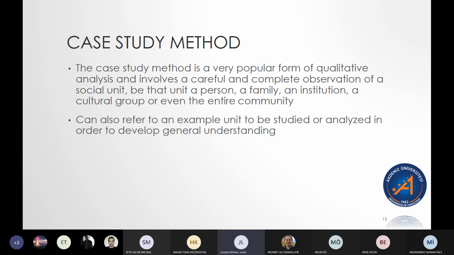Okay. One final point to be made before I open this up for some discussion is the idea of a case study. A case study could be a smaller unit of a larger group that we can study. Let me tell you my example. It's not a person, a family, or a group. For my thesis, what I studied was called model transformation.